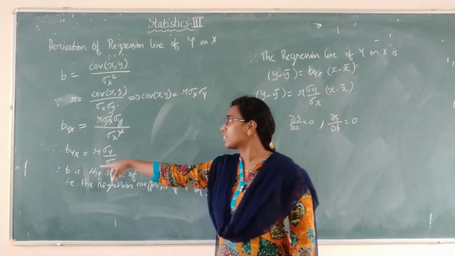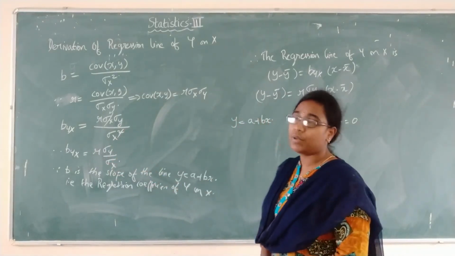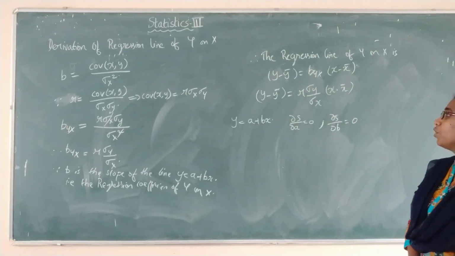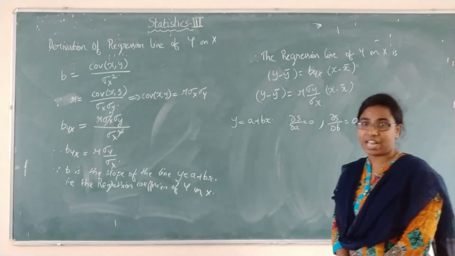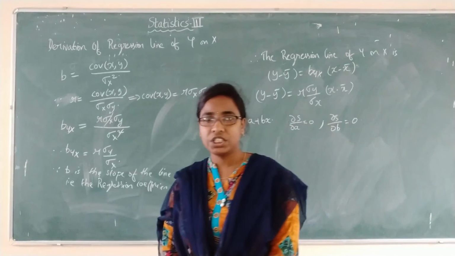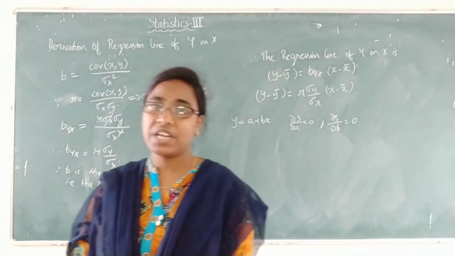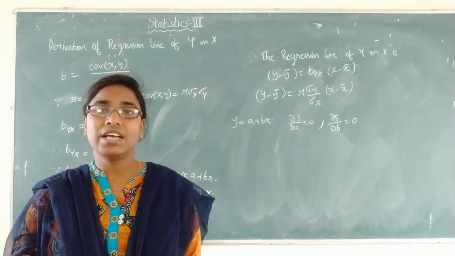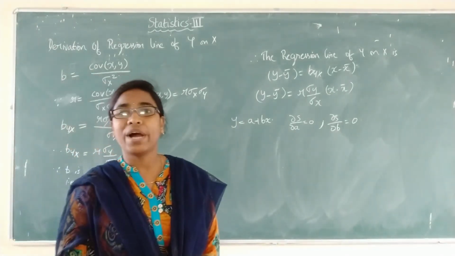Sigma x cancels, and you get the byx value. By substituting the byx value, you get the required regression line. So this is the overall procedure for finding the byx value or deriving the regression line of y on x.